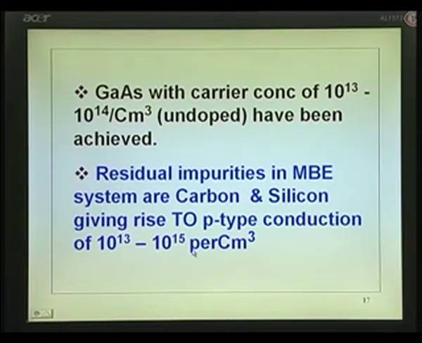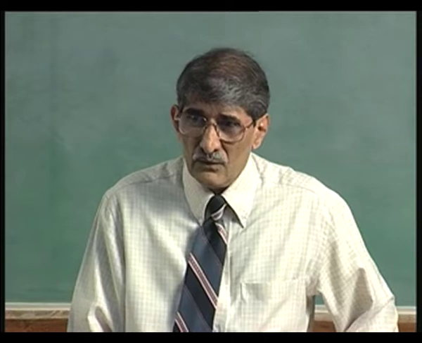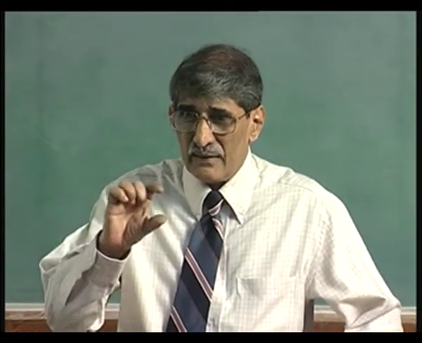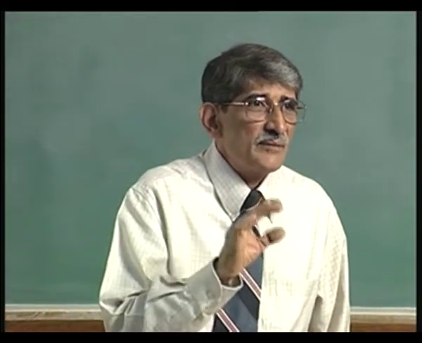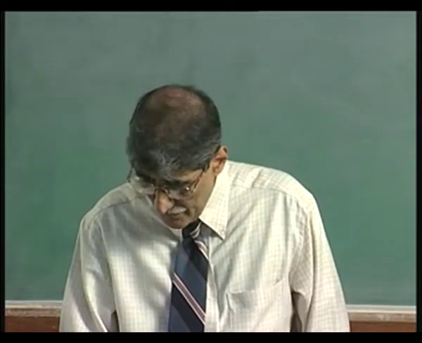Silicon incorporation also depends upon the temperature; it can be p-type or n-type. Mostly you get p-type when you do MBE at 600 degrees centigrade. That is 10 to the power 13 doping. So, you will say it is an undoped layer, but of the order of 10 to the power 13 carrier concentration, undoped p-type.